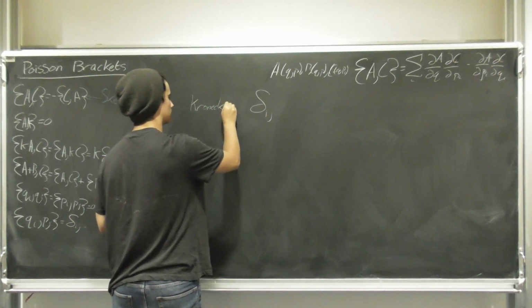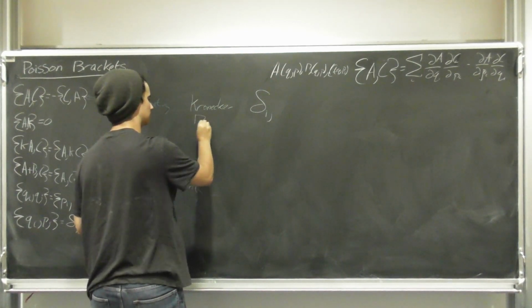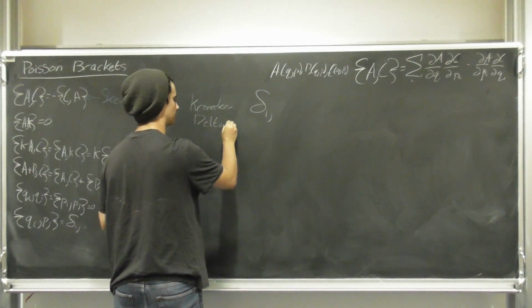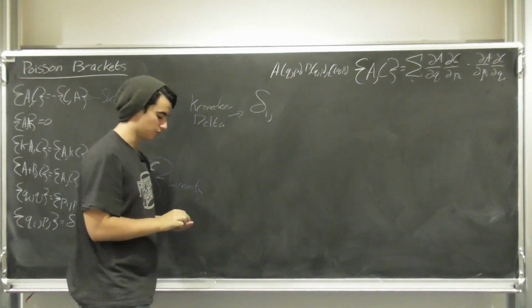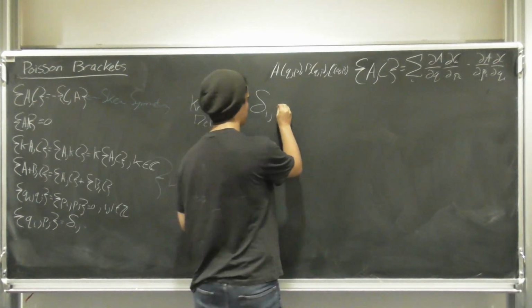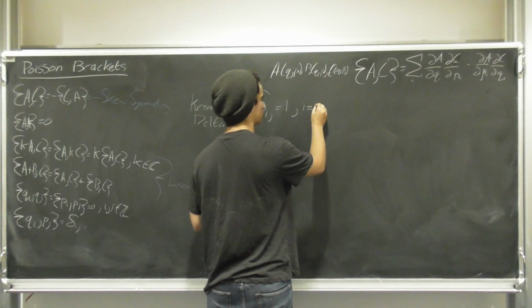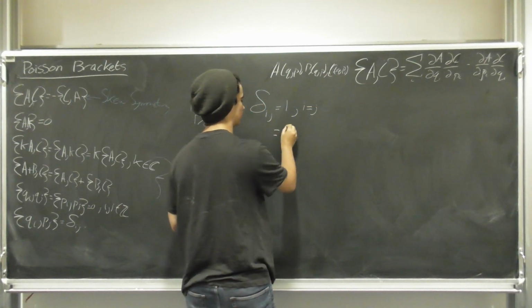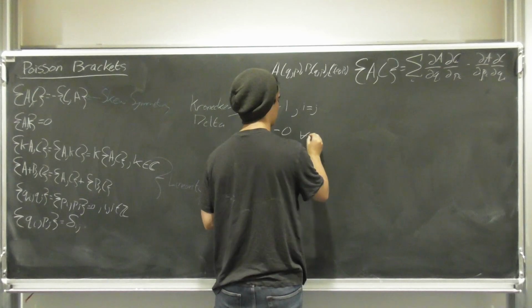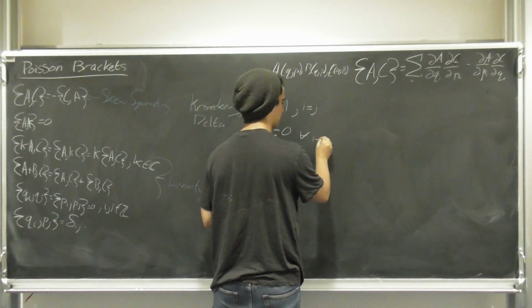This is going to be equal to 1 for i equals j, and it will equal 0 for all i not equal to j.